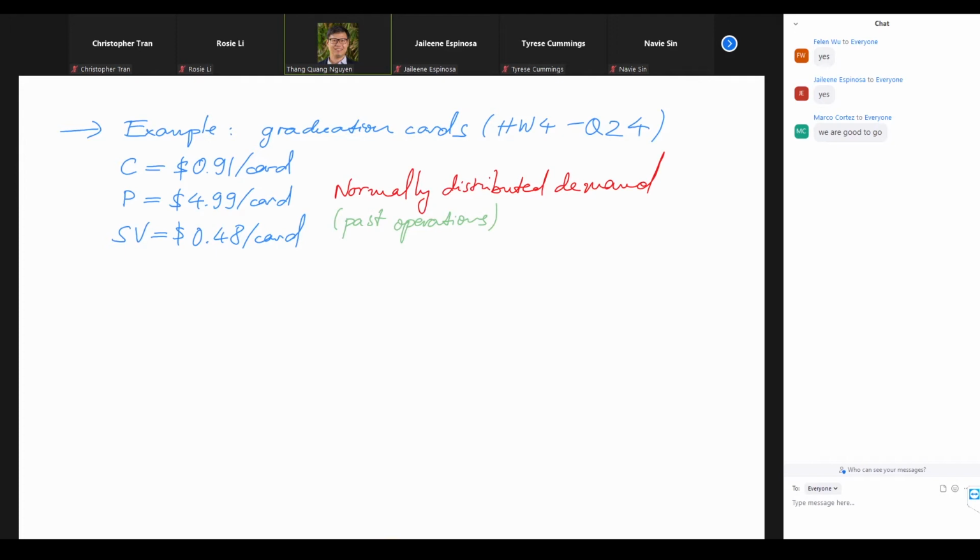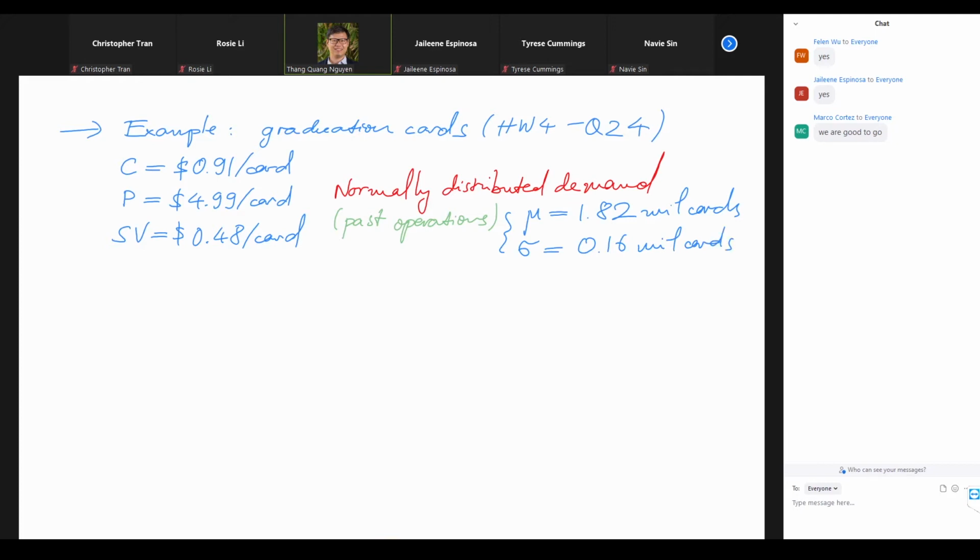All right, so there are two important numbers that we need to know here. Number one is the average demand, which is mu, 1.82 million cards. And the second that we need to know is the standard deviation, right? 0.16 million cards.